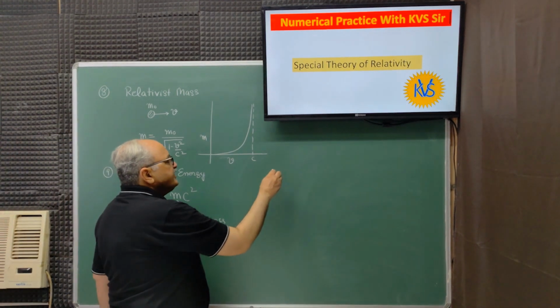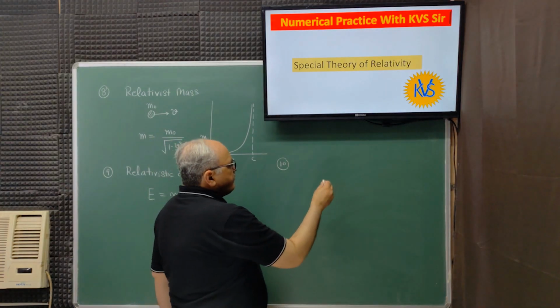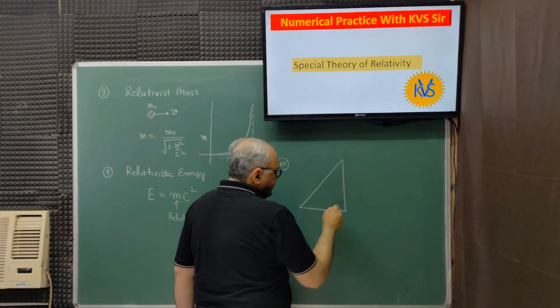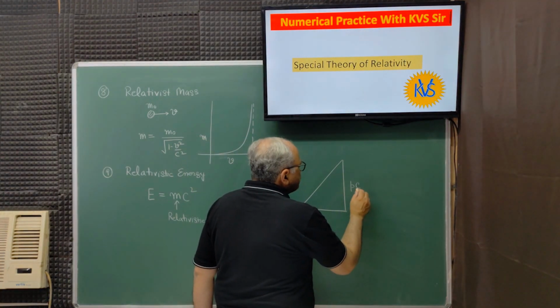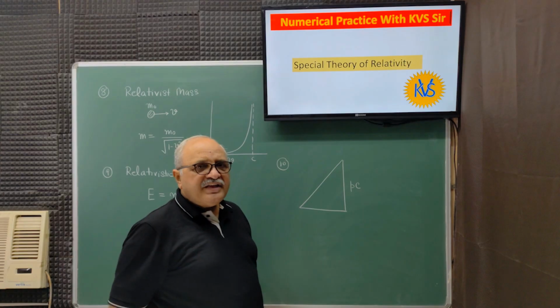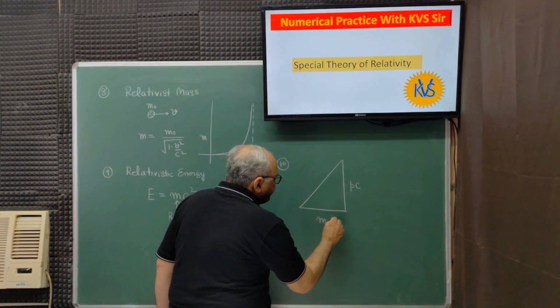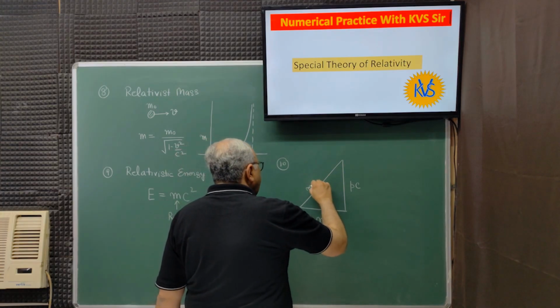Now further, we have another relation which you can remember easily from the Pythagorean pair like this. Say this is pc, where p is the linear momentum of the body, and this is m0 c square. So this hypotenuse will be mc square.